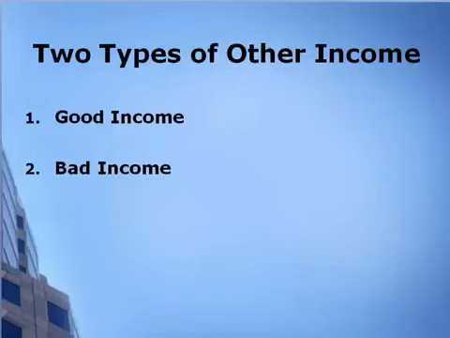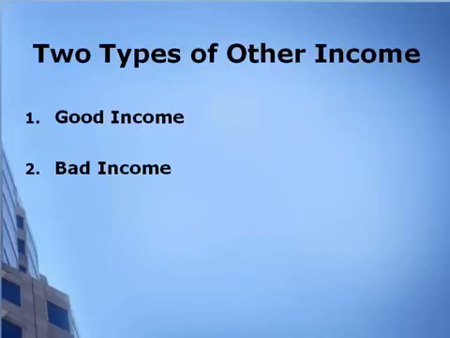Well, why shouldn't we include it? Well, remember, what we're doing here is we're trying to calculate the net operating income. And the way we calculate the net operating income is to start with the income section and then subtract the expenses, and that's how you get the NOI. Now, if we include all income in the category, that's going to increase the net operating income, which increases the value of the property, which means we pay more for that property.